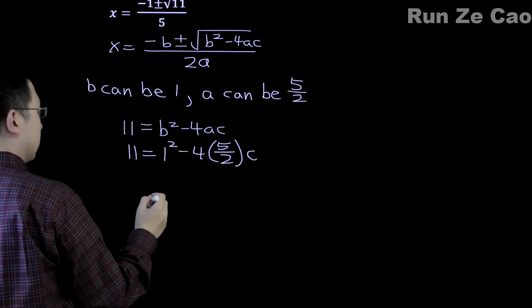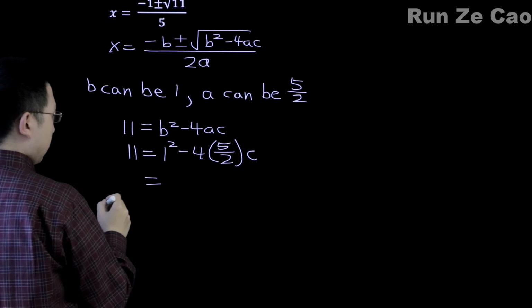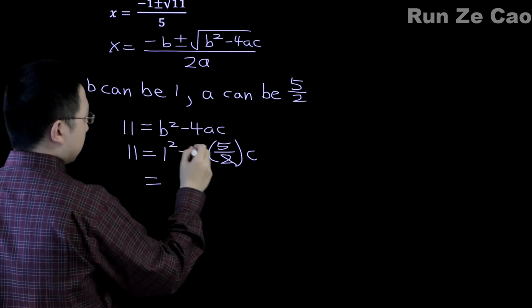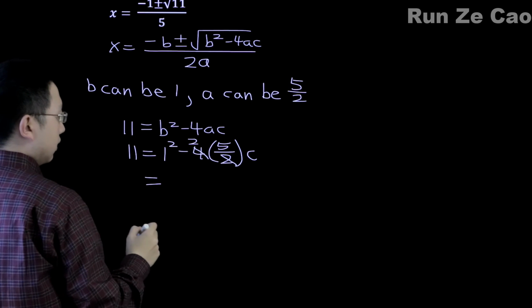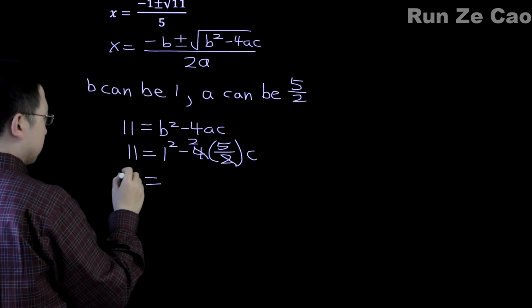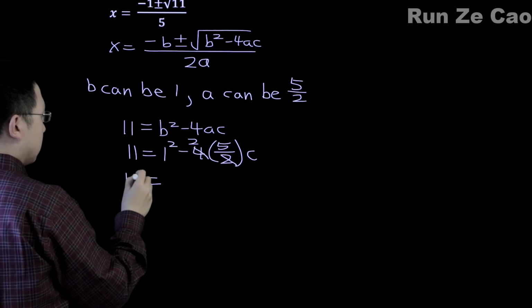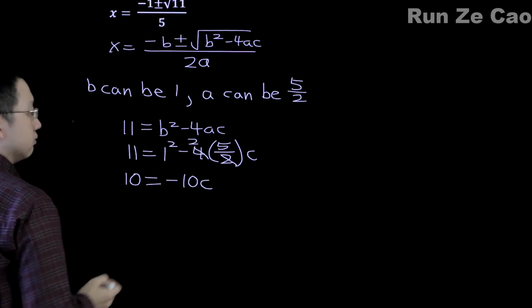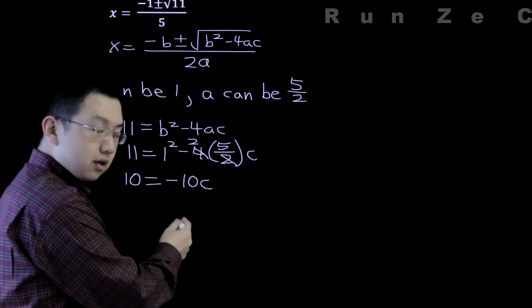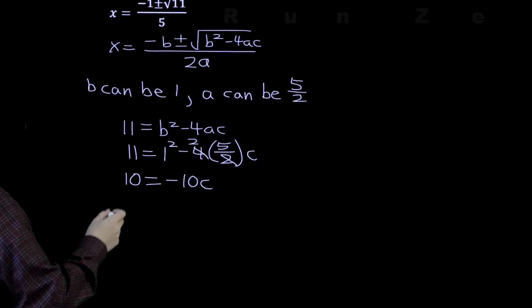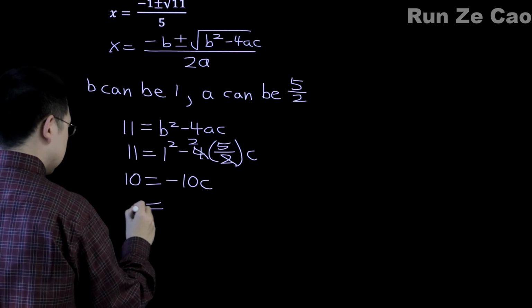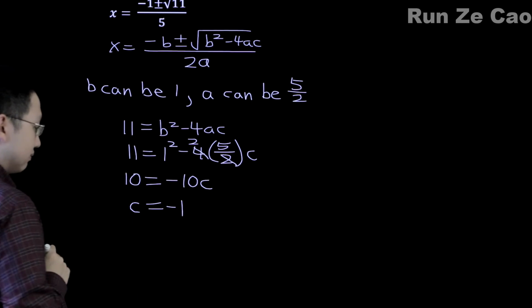So this is 11. Now that means that first of all we cancel this part out, 2. So we would have 10 equals negative 10c, because 2 times 5 is 10. And we move this 1 over to get 11 minus 1 equals 10. So c is equal to negative 1.